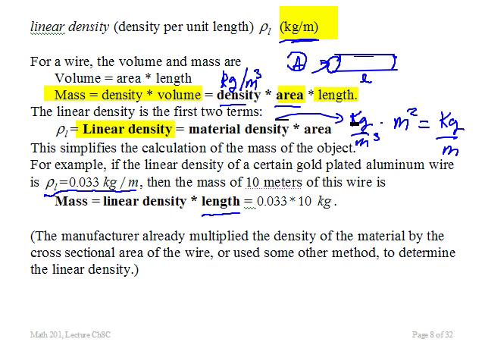The idea here is that the manufacturer already multiplied the density of the material by the cross-sectional area of the wire and reported that as a linear density. Sometimes other methods are used to determine linear density. Okay, so now you understand linear density. It is used in one-dimensional problems.